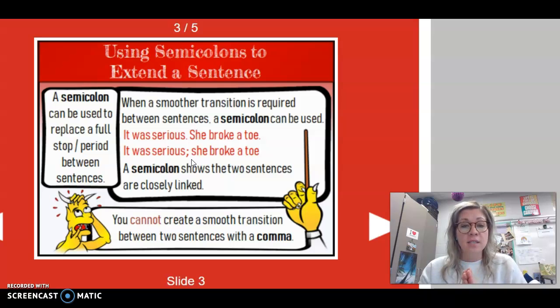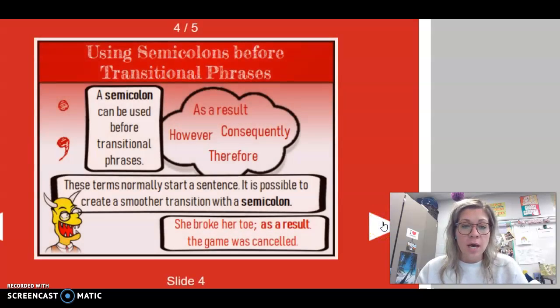Hopefully that clears it up a little bit. Again, if you just put a comma there, and I see this happen all the time, probably the most common grammar error I see, it is a comma splice, which creates a run-on sentence, okay? So I feel like that's the main thing that we need to know.